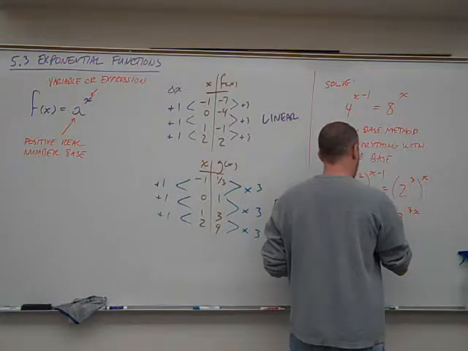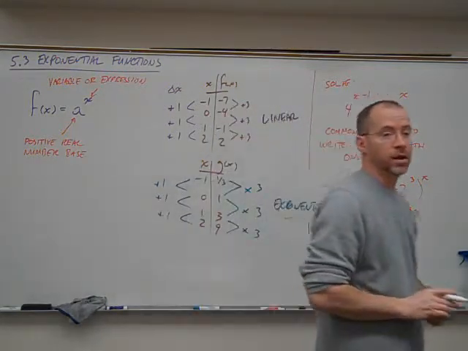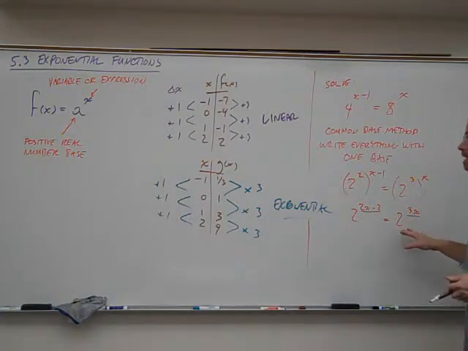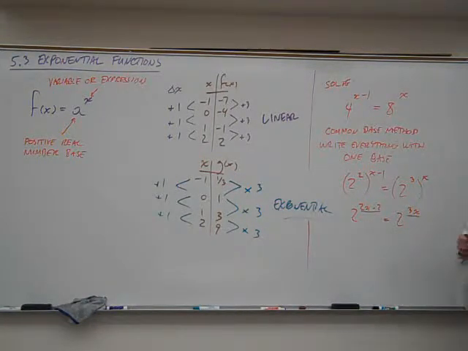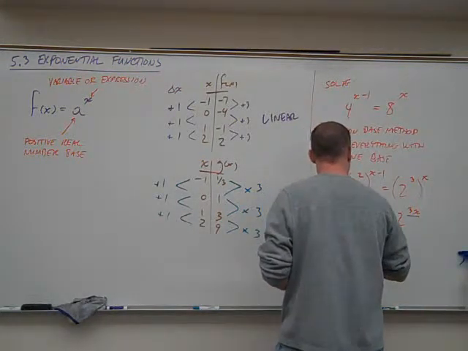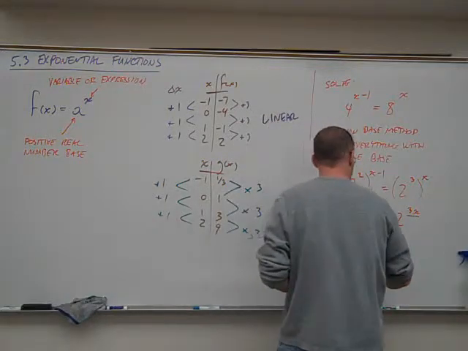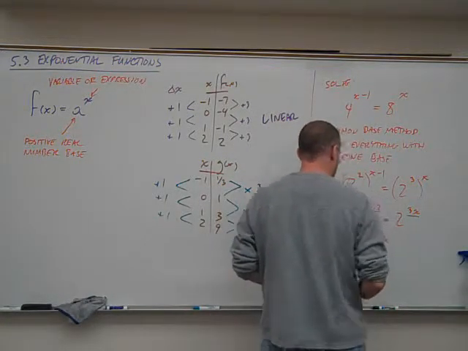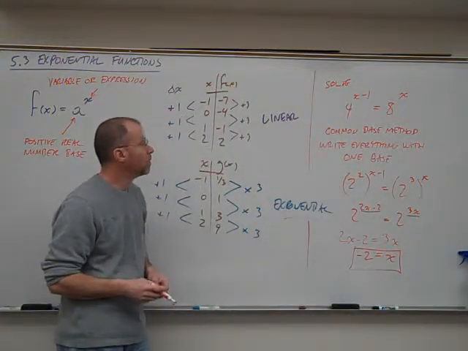And it won't surprise you that this means the exponents have to be equal. Actually, that's a property of the fact that exponential functions are 1 to 1. If 2 raised to the 2x minus 2 is equal to 2 raised to the 3x, then 2x minus 2 has to be equal to 3x. Let me solve that equation by subtracting 2x from both sides, and that's it. I get x equal negative 2.